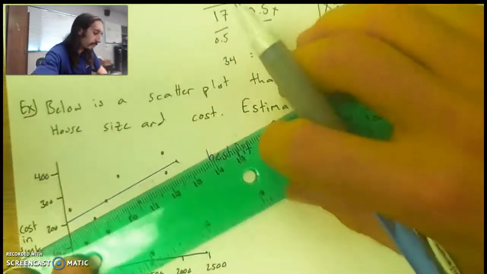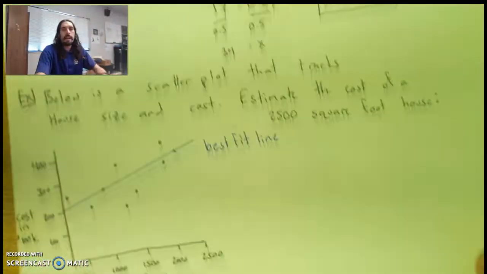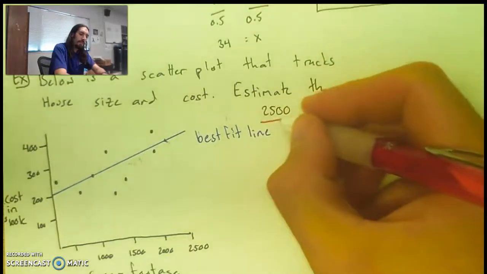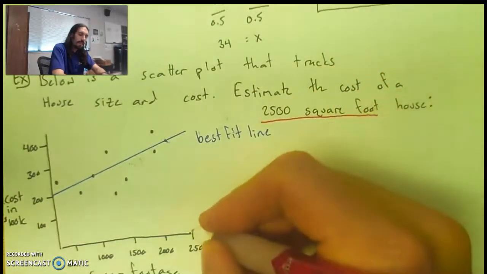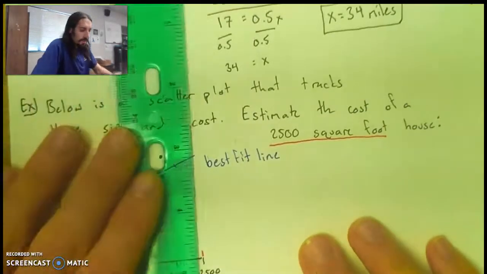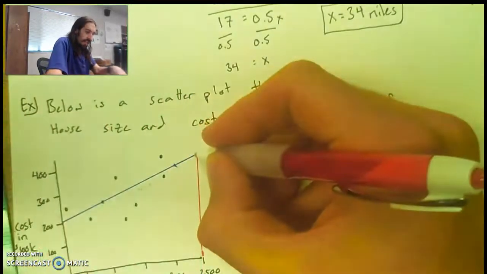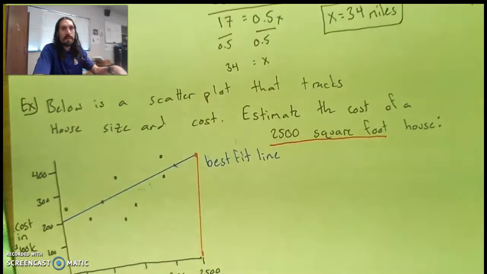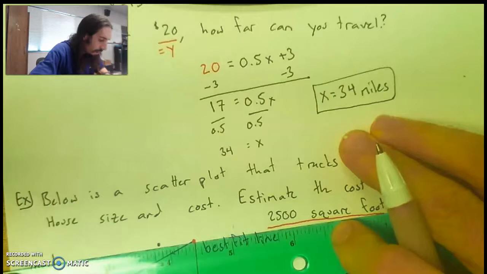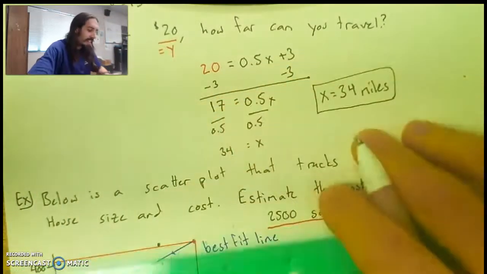So I'm actually going to extend my line a little bit. If we want to estimate the cost for a 2,500 square foot home, I'm going to start at 2,500 and go straight up to my line. Once I'm at that line, I'm going to go straight across, bearing in mind that my graph is hand-drawn and drawn quite quickly.